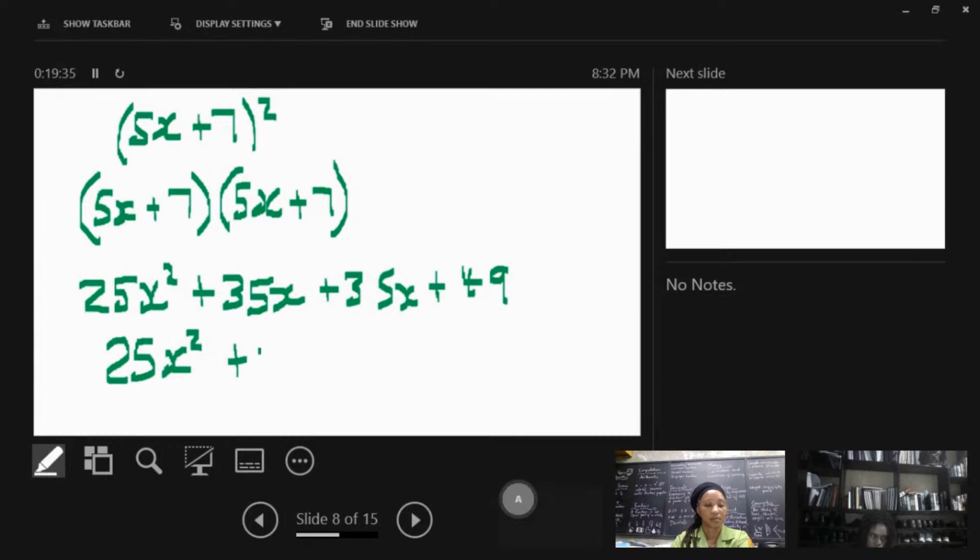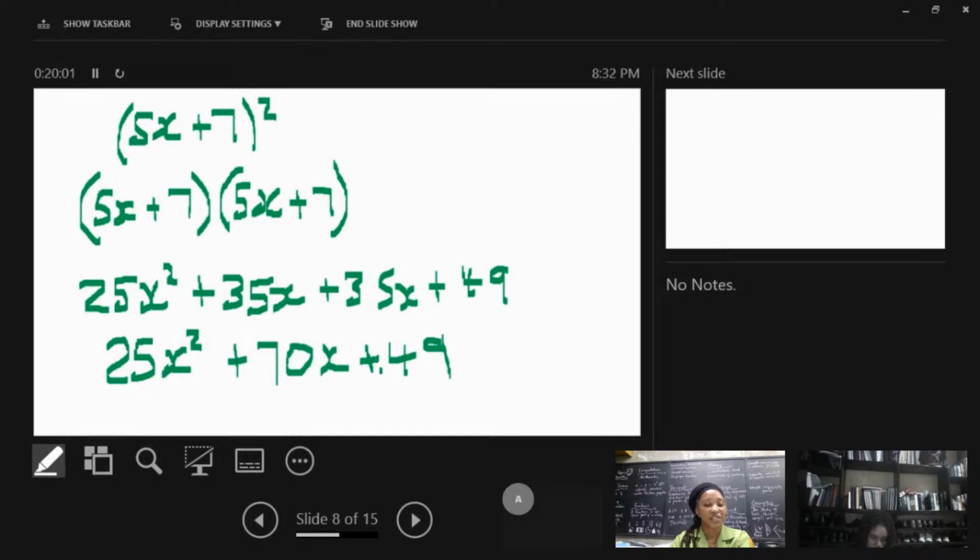So we have 25x squared plus 70x, because 35x plus 35x gives 70x, plus 49.